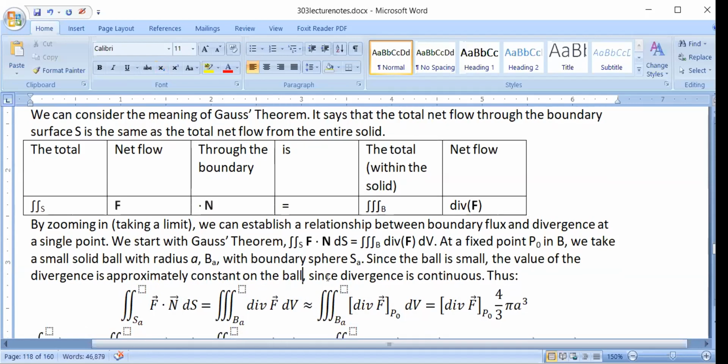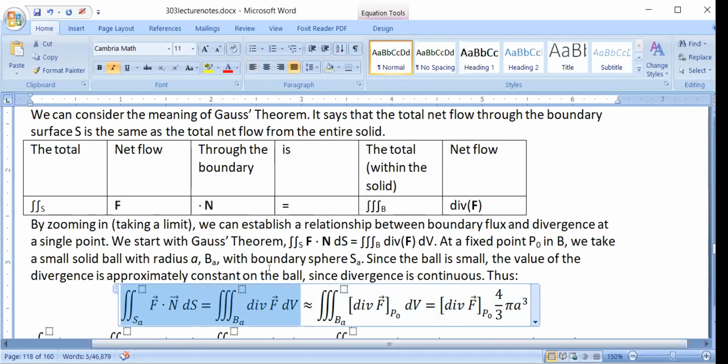Ignore those little boxes, that's a formatting issue. So applying this approximation and then also Gauss's theorem, by Gauss's theorem, we know that this is true. The double integral over my surface, my little sphere, F dot n dS, is the triple integral over my solid ball, divergence of F dV.